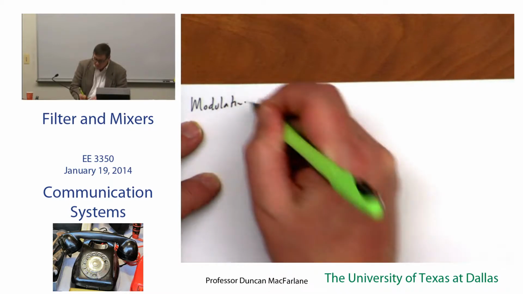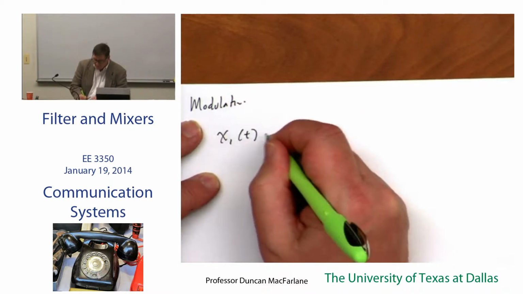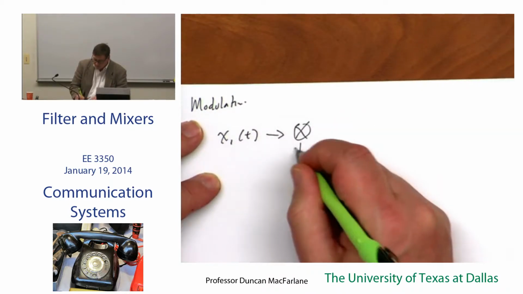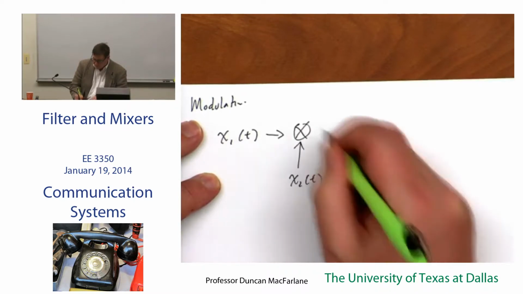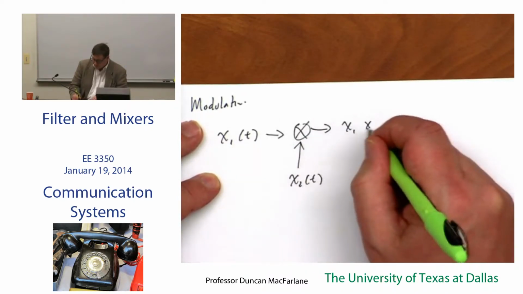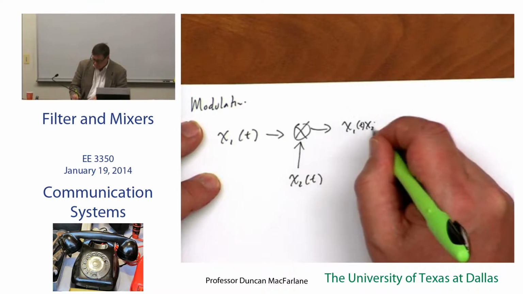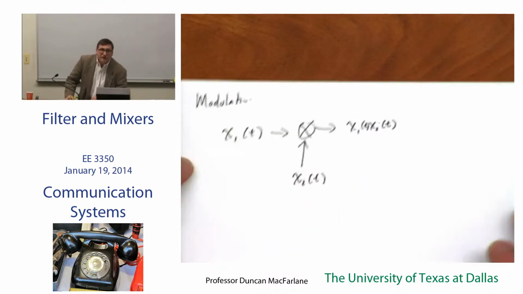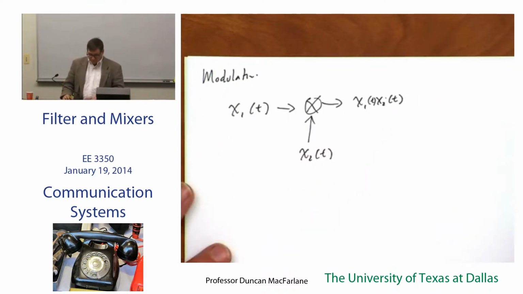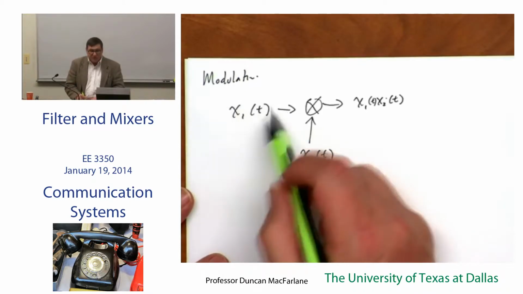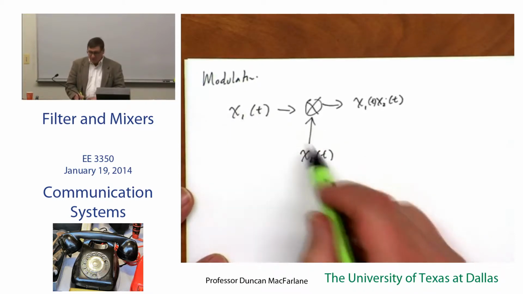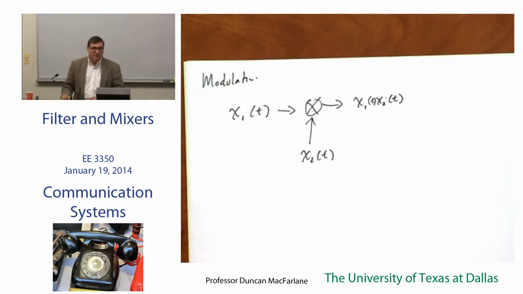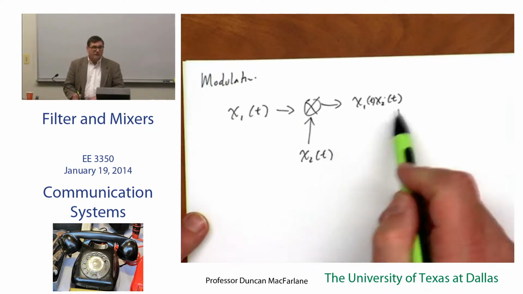Modulation. x1 of t, x2 of t, x1, x2. Now, the reason I don't think this is a linear transformation is you have a certain frequency content here, and you have a certain frequency content here. And when you multiply those together, you create cross terms.